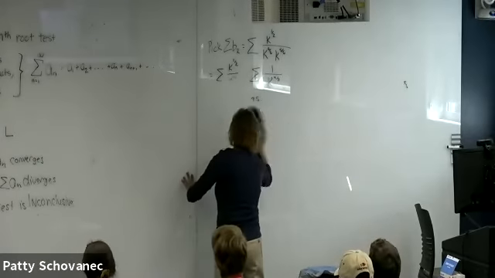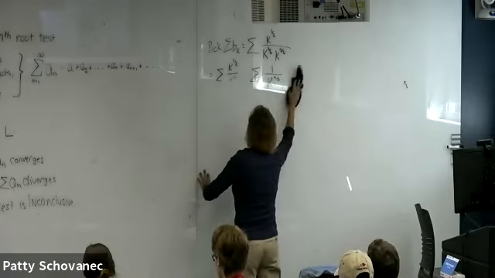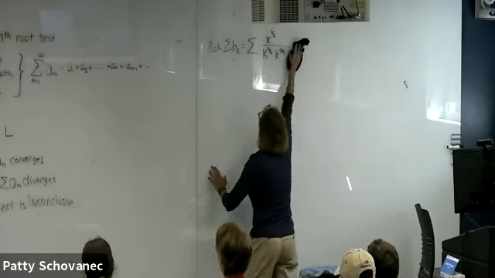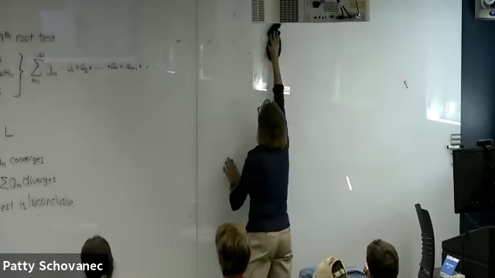So consider the series that has 2 raised to the k power on top and k factorial on the bottom.